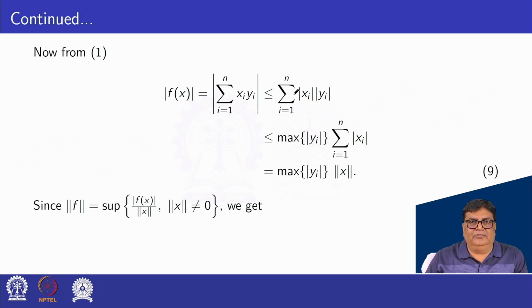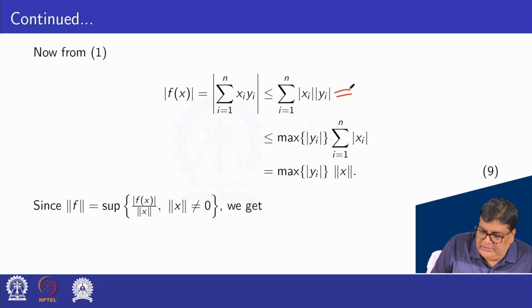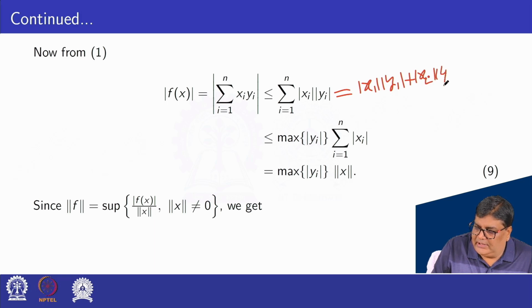This is less or equal to summation i equals 1 to n mod xi mod yi. So the value of this one is mod x1 mod y1 plus mod x2 mod y2 plus and so on, mod xn mod yn.